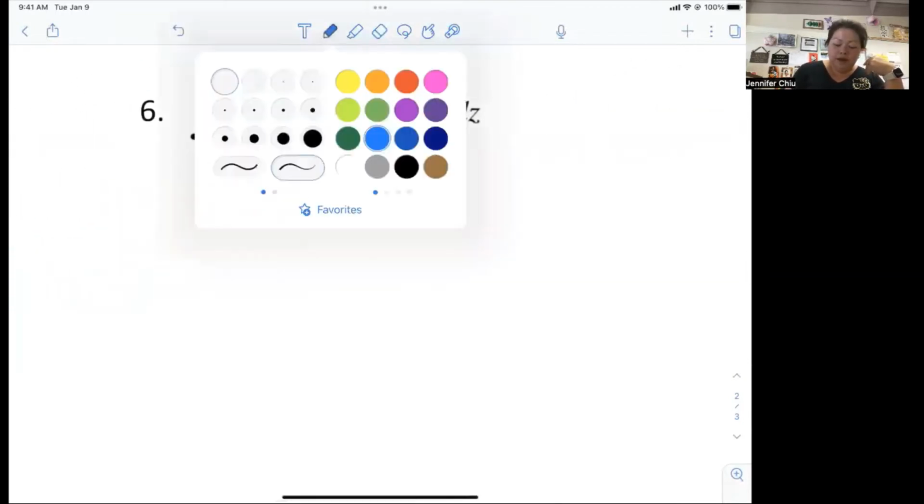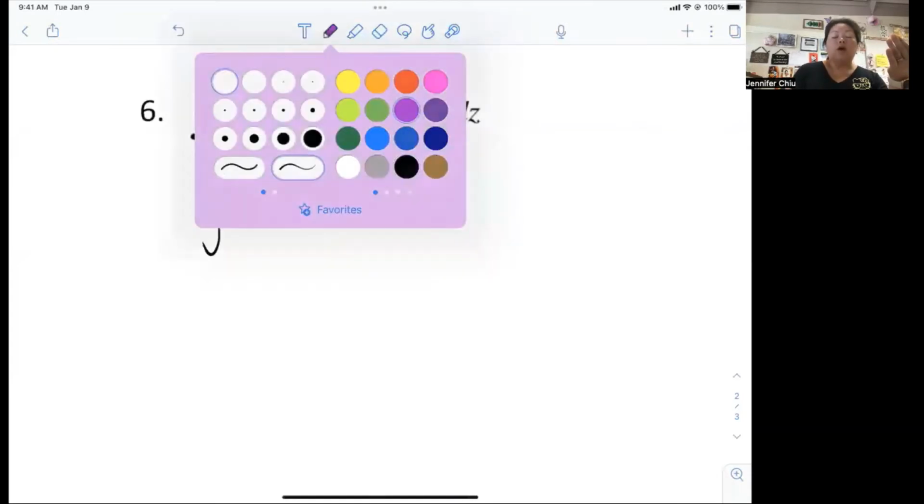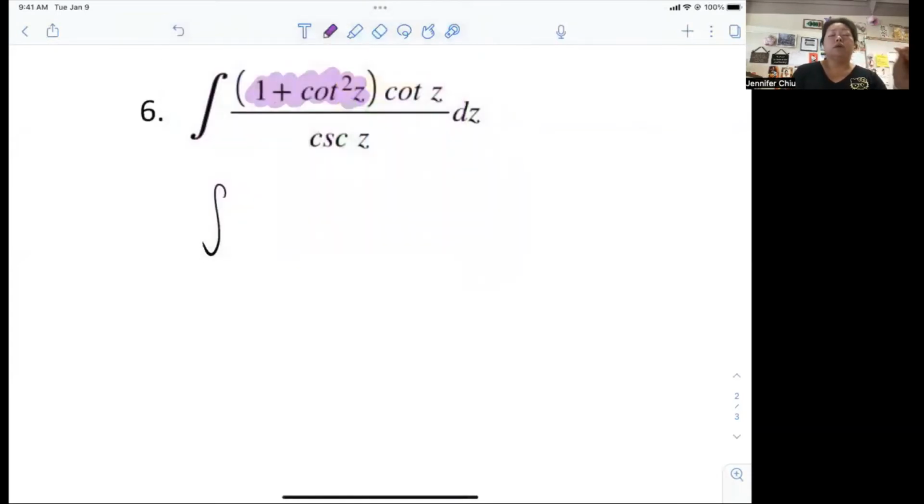Same thing here. I do want to remind you that there is an identity you can use. 1 plus cotangent squared actually should be replaced with something, right? So if you recall in trig, you have sine squared x plus cosine squared x equals 1. The Pythagorean identities will allow you to replace 1 plus cotangent squared with cosecant squared z.